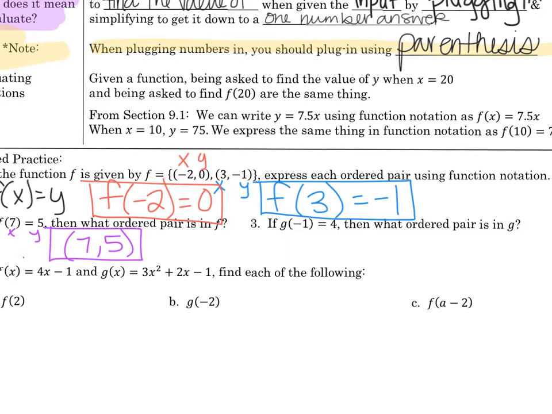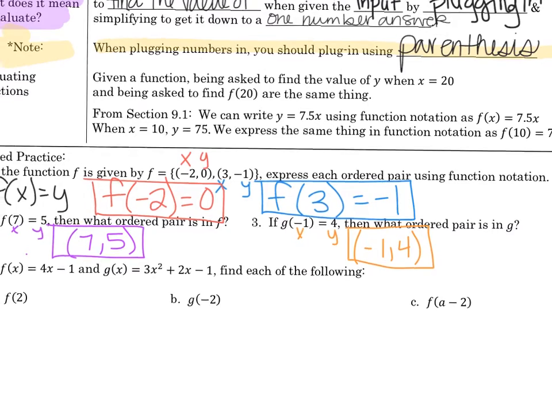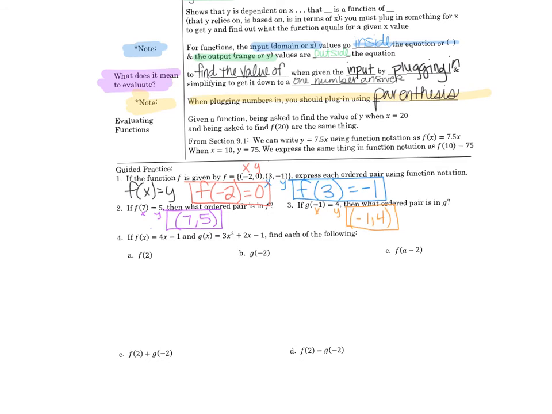Instead of f, they use g this time, which is totally okay. This is x, this is y, so our ordered pair is (-1, 4). Hopefully that seems pretty straightforward, because it is, where we just plug things in and we call it good.